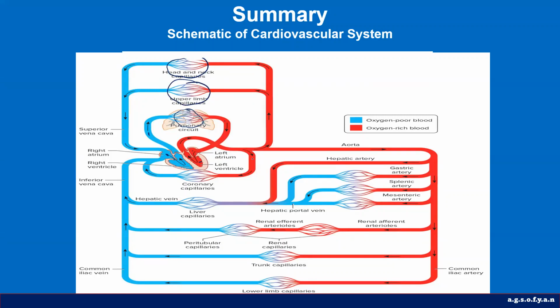And then the lower part is going to be the descending aorta, going to be the thoracic aorta, and then the abdominal aorta. All of them will be branching into many smaller arteries, like for example, the one that goes to the kidney. It's called the renal artery.